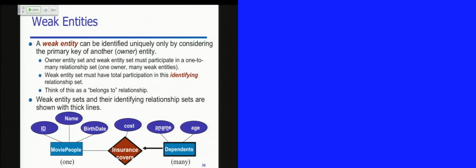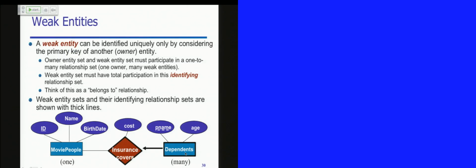Weak entities. Up to now we've seen strong entities. Let's see what weak entities are. A weak entity can be identified uniquely only by considering the primary key of another entity. Let's say I have my movie people, which are strong entities, and these people are insuring some of their dependents. It could be a spouse, children, or someone else they are insuring.